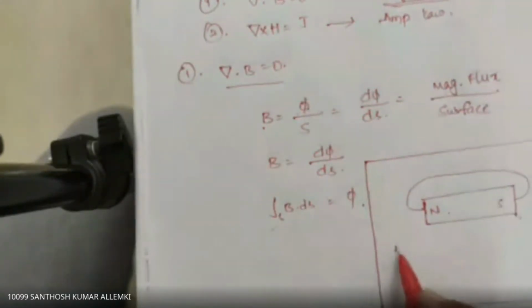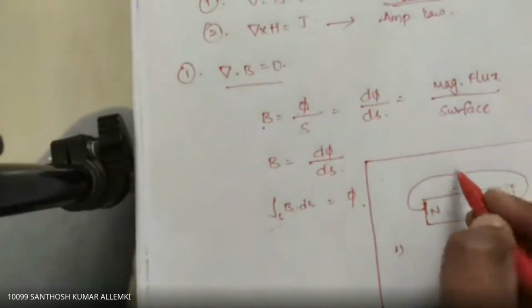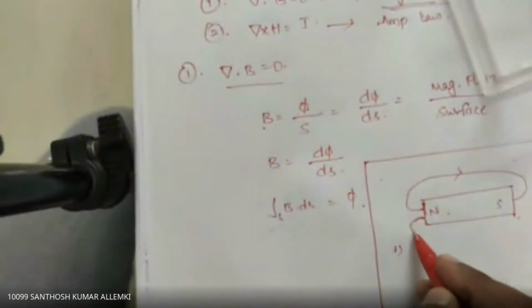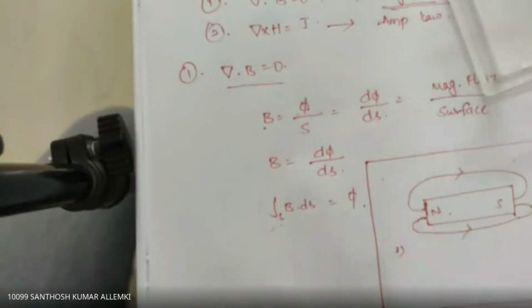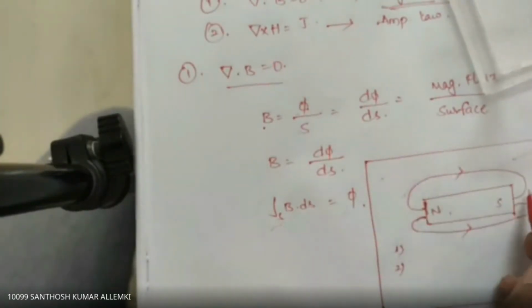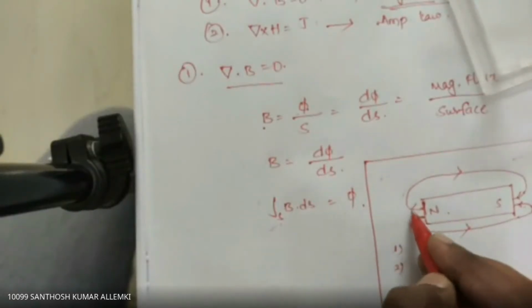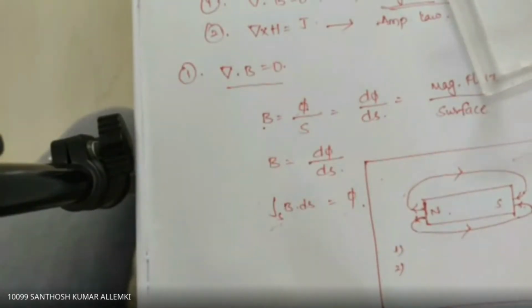This is the first condition: always from north to south. The second condition is that the number of lines entering the magnet must be equal to the number of lines leaving the magnet.